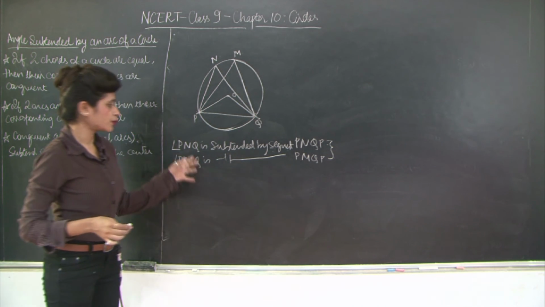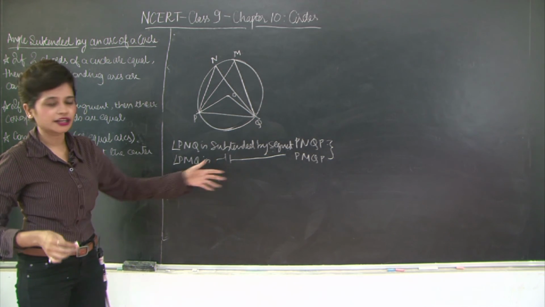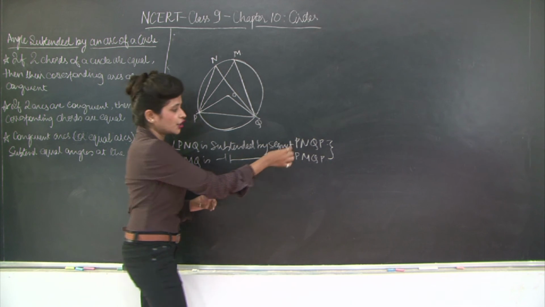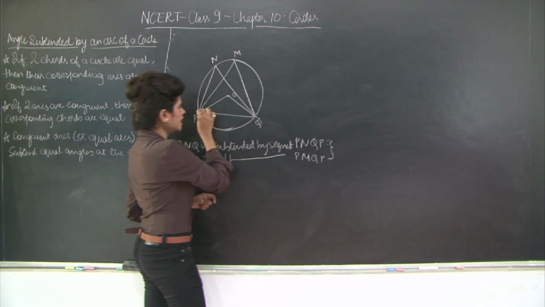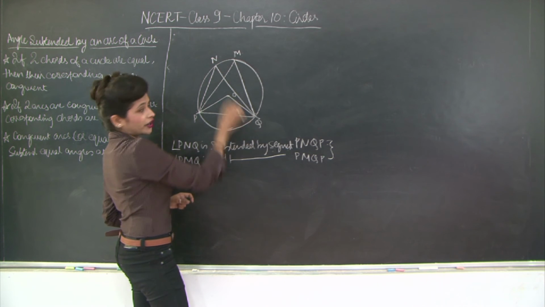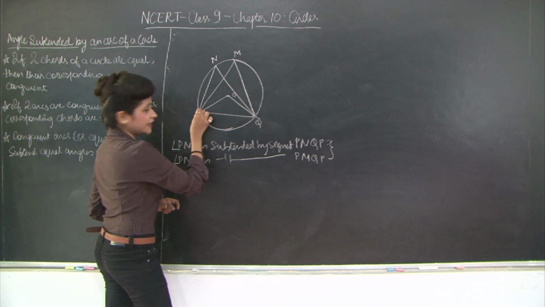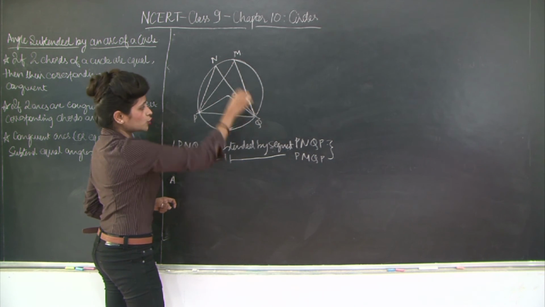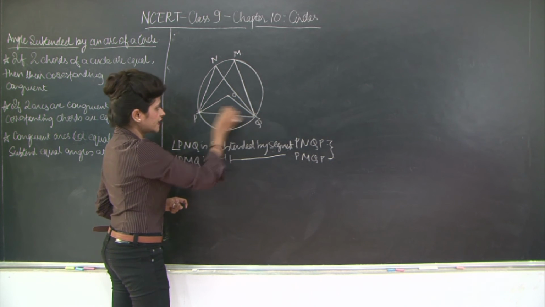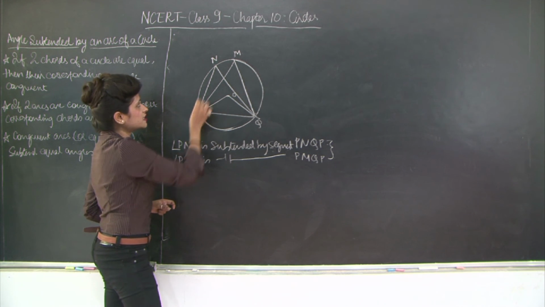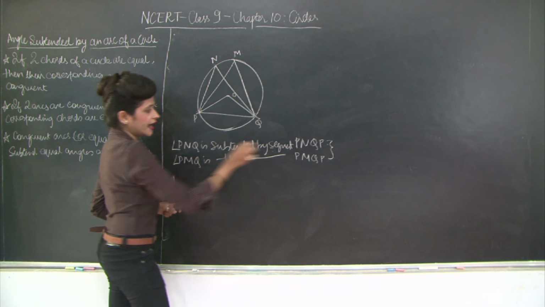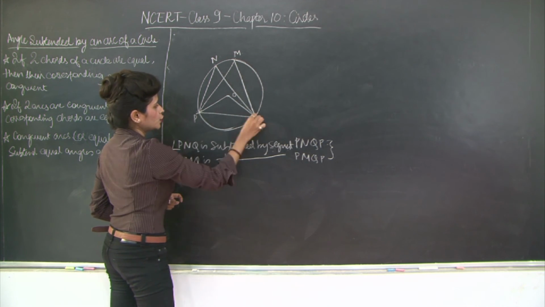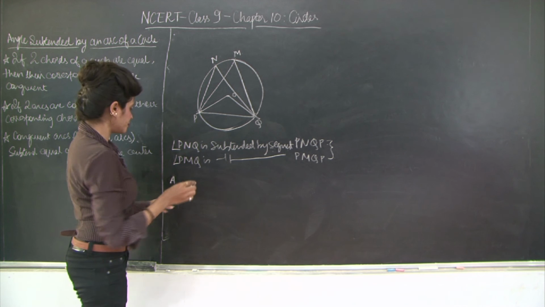If you are trying to denote the angle subtended at a point on the circle, you mention the segment with 4 alphabets out here. It would be your arcs and the points included. So you start from P, you go to N, you go to the arc's endpoint again, and then you complete the loop. So it's PNQP, and similarly PMQP. So this is just the denotion.